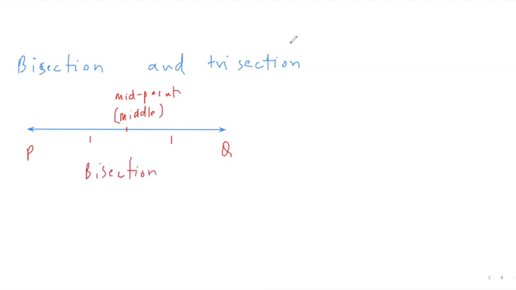Now there's something called trisection. Let's say this is AB. Trisection means cutting it into 3 equal parts. Okay, so this is trisection.